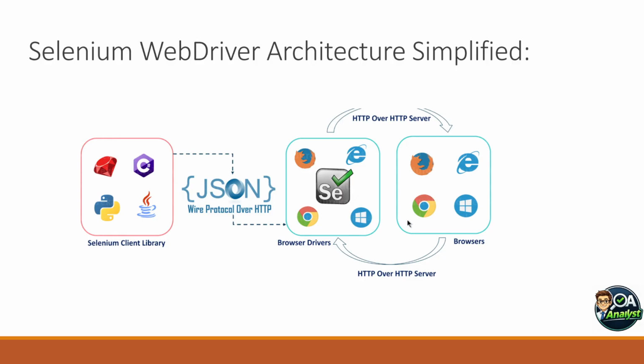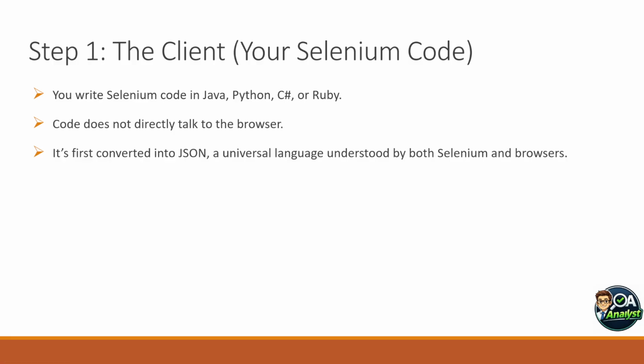Okay, so let's dive into it in more detail. We'll discuss the components one by one. The first is the client, which is nothing but your Selenium code, the script we are writing to perform the actions on the browser. The process starts when you write and run your Selenium code.